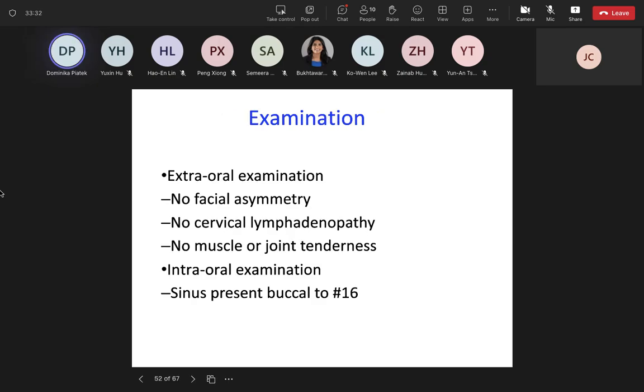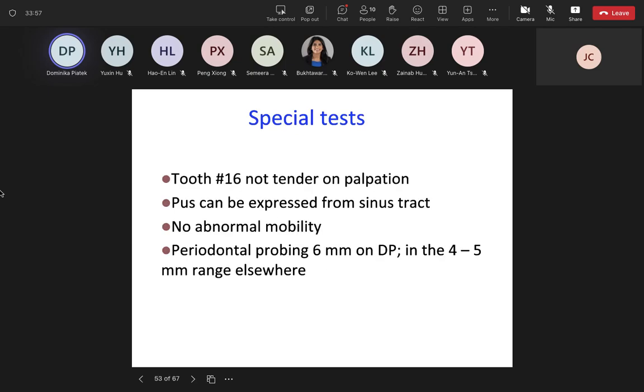And through the examination, we can see for the extraoral examination no facial asymmetry, no cervical lymphadenopathy, no muscle or joint tenderness, and for the intraoral examination, we can see some sinus present buccally to 1-6.